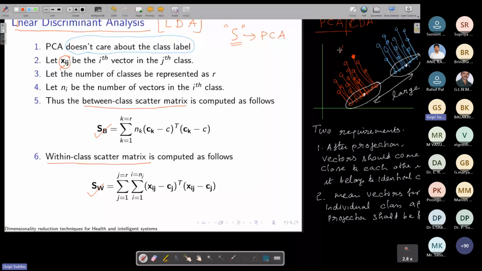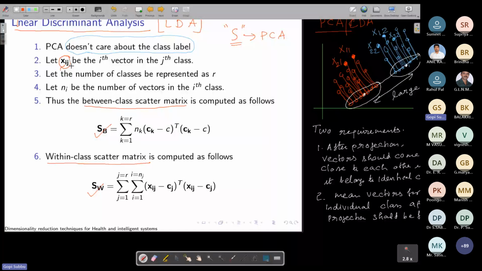This is x21, meaning the second vector in the first class. And this is the first vector in the second class, this is the second vector in the second class, and this is the third vector in the second class. So we represent that vector with subscript xij.